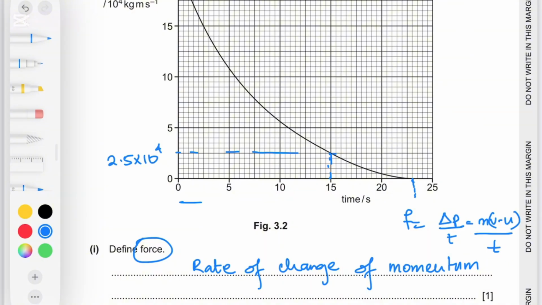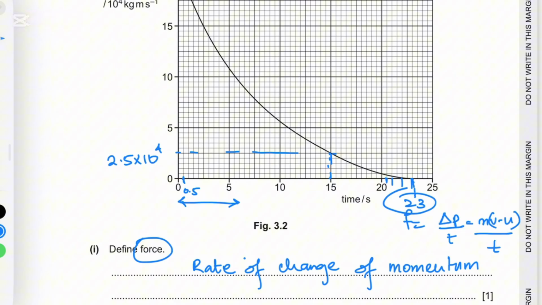Okay, so this is 5 seconds. That means the smallest unit over here is 5 divided by 10, which is 0.5 seconds. That means you have 20.5, 21, 22, and that's 23 seconds. The time taken for truck R to come to rest is 23 seconds.